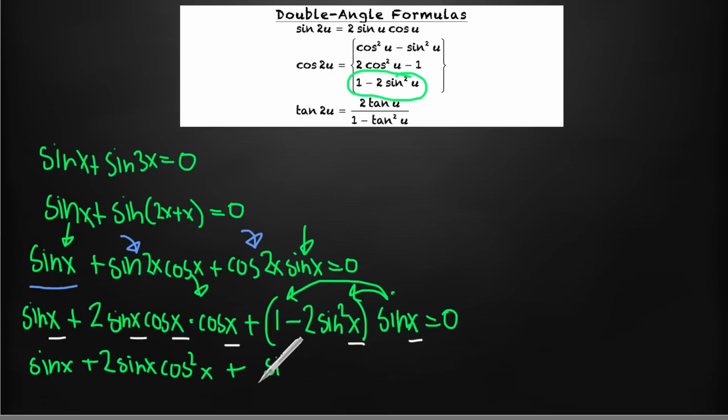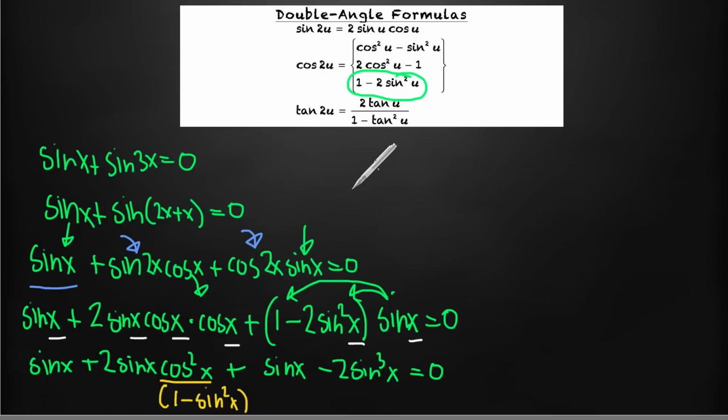So I'm going to get sine of x minus 2 sine cubed of x. Now don't get nervous with the cubed because it's going to go away. Or actually, we're going to combine it in just a moment. Because we're going to change cosine squared into 1 minus sine squared.